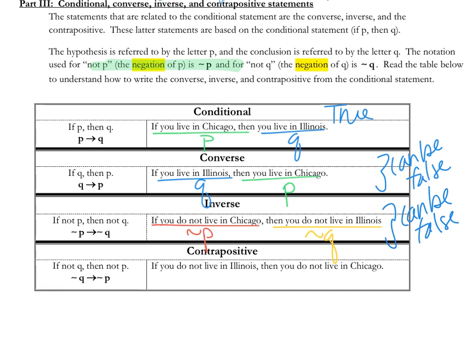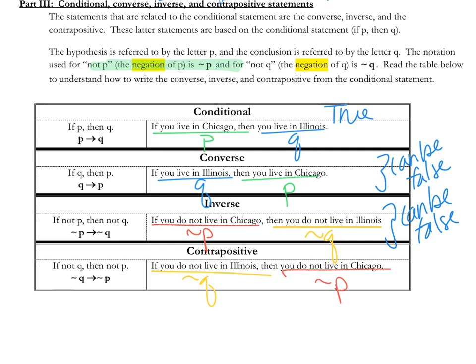The contrapositive is flipping both the hypothesis and the conclusion and taking the negation of both. So contrapositive, it's the longest word out of all of them. So think about the fact that we have to do multiple things. We have to flip the hypothesis and the conclusion, and we have to negate them.